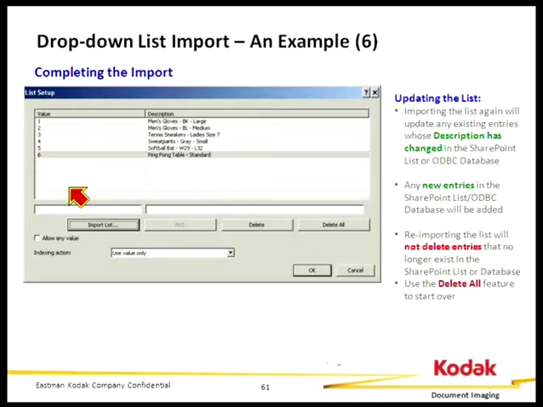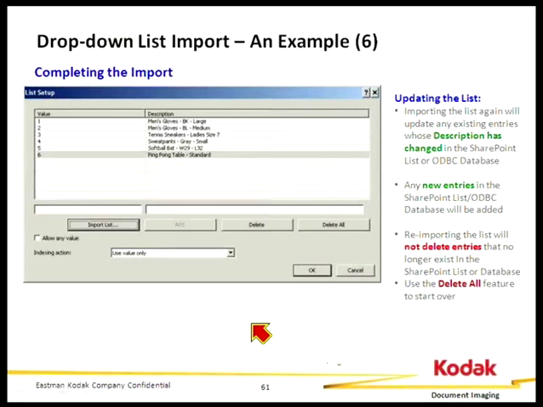So if there are any new values, it'll automatically add them to the list. And if the value already exists, it's just going to update it based on what column I've associated with my description. So it'll update any existing entries. Any new entries will automatically be added.